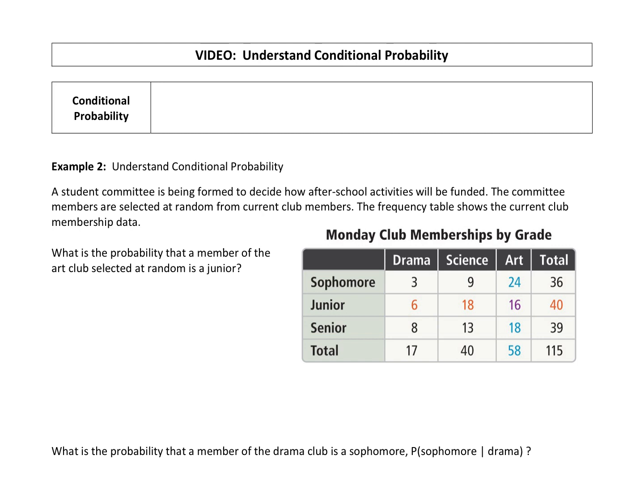So our definition for conditional probability, this is the probability that event B will occur given that another event A has already occurred.